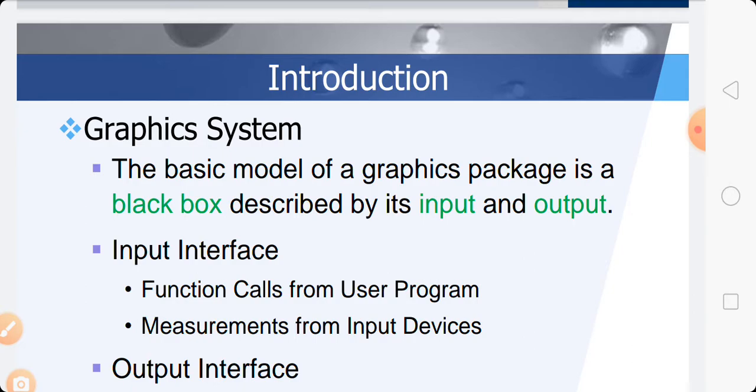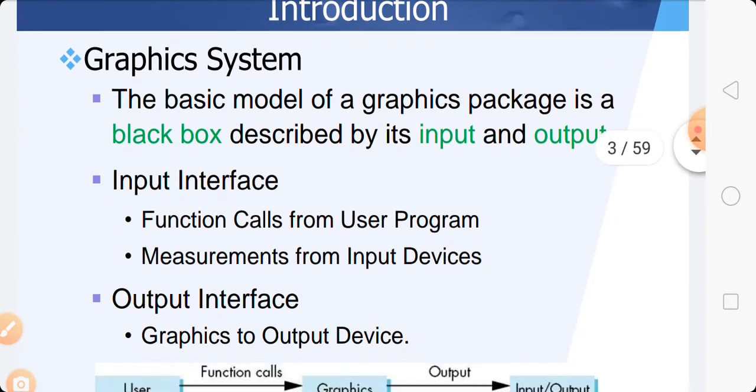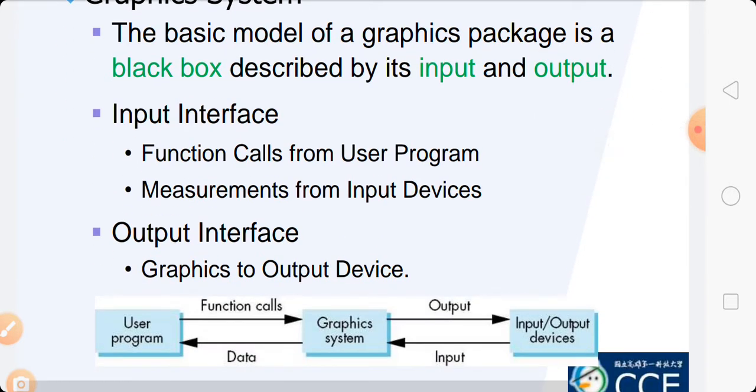Here in the input interface there are many function calls. So the user program calls the functions, and the input device takes the measurement of each and every input and output.